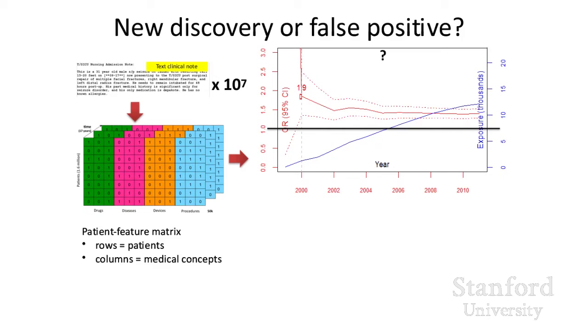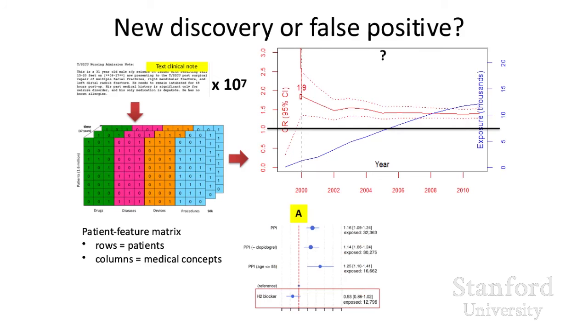The validation is based on that set of 28 positives and 165 negatives. We were able to pick up 17 of the 28 positives, so sensitivity is 61%. We only got 4 false positives out of the 165 negative ones, so the false positive rate is low, 2.5 to 3%. And then when we saw this, we said, okay, we're going to look at these drugs, proton pump inhibitors, in younger people.